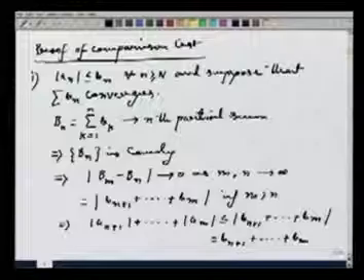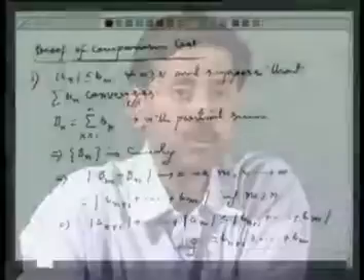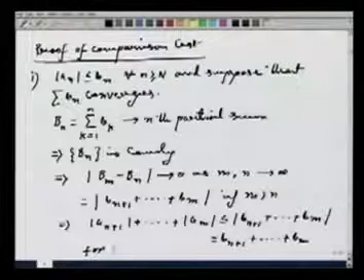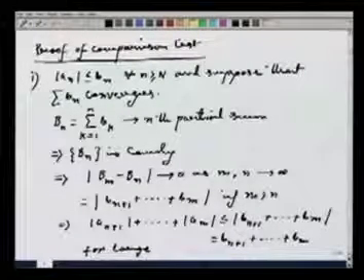Okay. Now I know that mod an is lesser equal to bn for large possible n's, after a stage capital N. So I can say that this is true for large m, n.